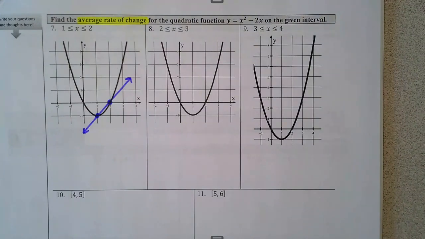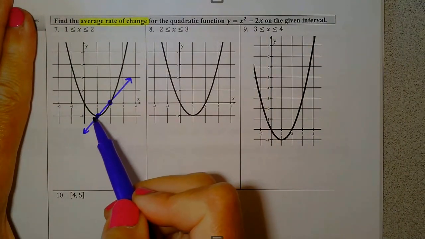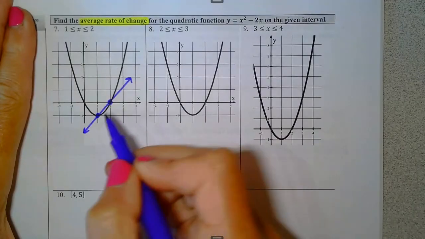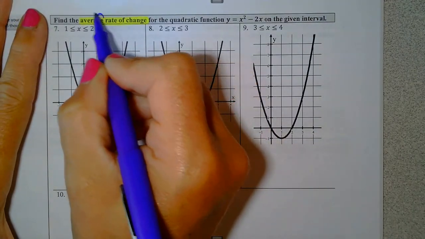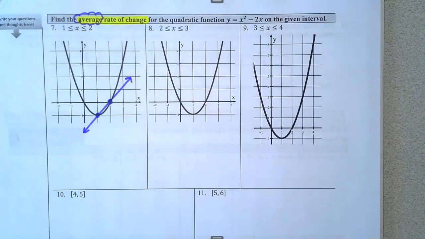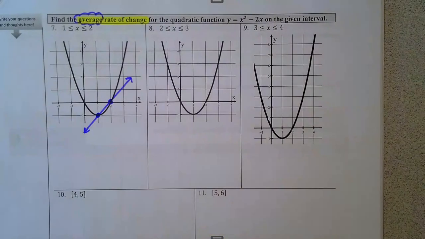No. I mean, it's close, isn't it? It's super close. But the parabola is a curve, and rates of change are straight lines. So that's why they're using the word average: we are averaging that curve and getting a pretty accurate approximation. Does that make sense? Where the word average comes from?